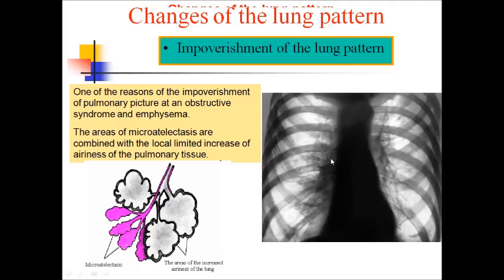Here is a picture as an example of impoverishment. You see that the lung pattern is very well seen in the hilar region, but at the periphery of the lungs we do not observe the presence of lung vessels.